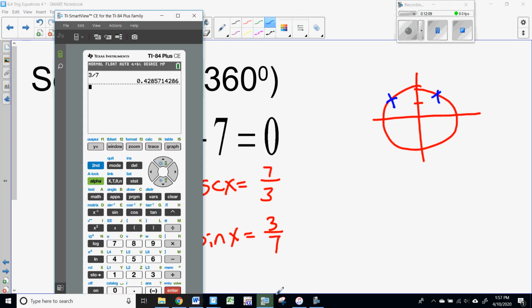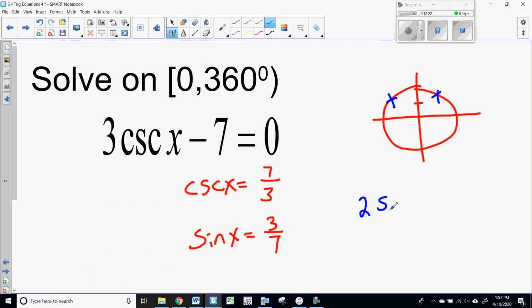When I do my inverse sine of 3/7, I'm going to get my one answer, which is 25.377. That is this answer. Now I need to find my other answer.